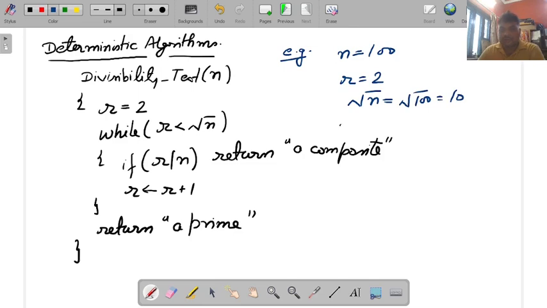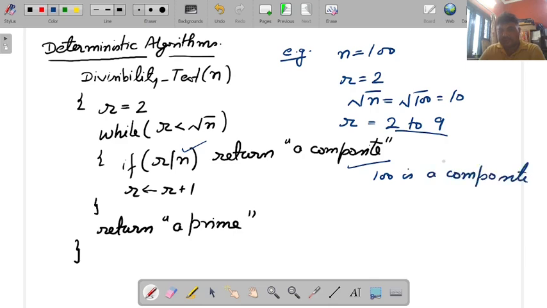So it means r moves from 2 to 9. In this loop, if n is divisible by any r, then it will return a composite. So 100 is divisible by 2 in the first round, so it means 100 is a composite number.